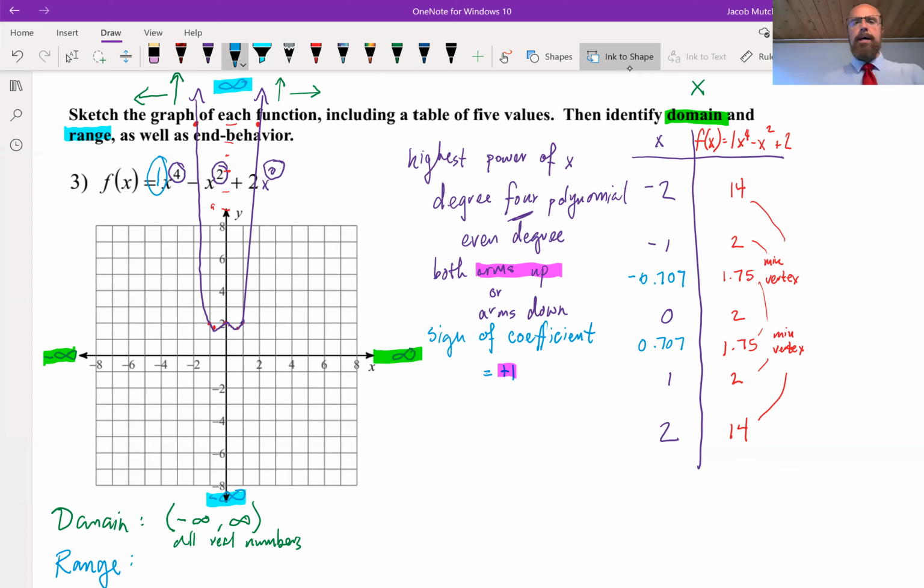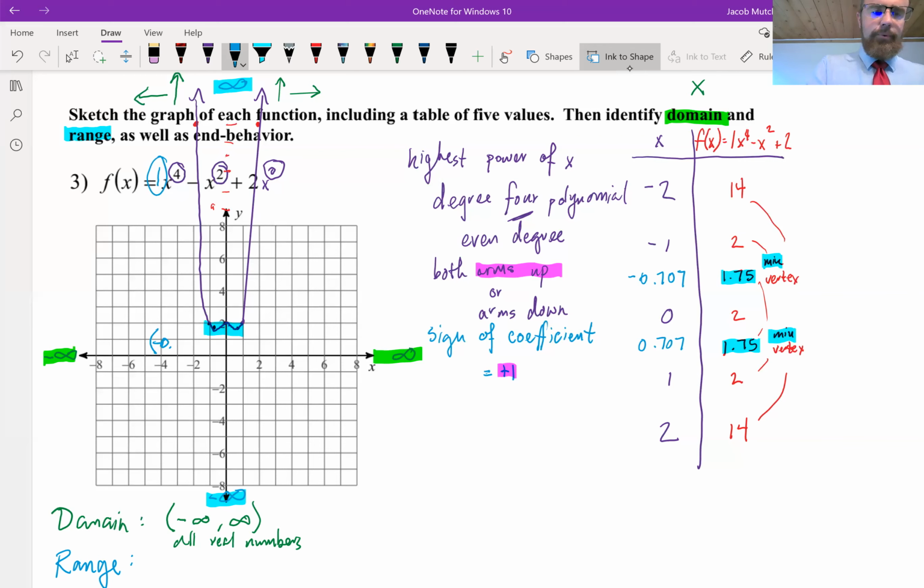Since this one had a positive leading coefficient, it has basically a minimum value here. With the highlighter, I'm going to highlight those minimum, and where I'm going to find that number is in my table. Remember, in the table, we'd identified that y value of 1.75 as the starting point of the function.